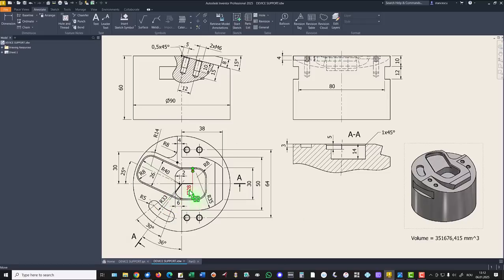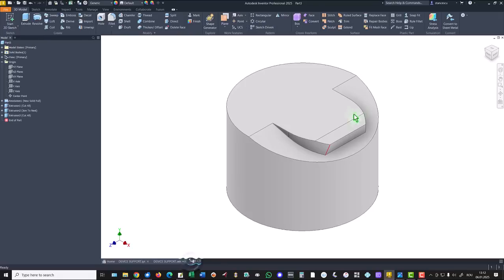Dimensions are 28 as a square and a distance of 6 being placed on this axis. This is the face.